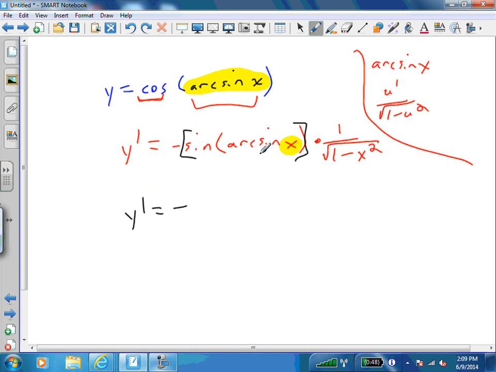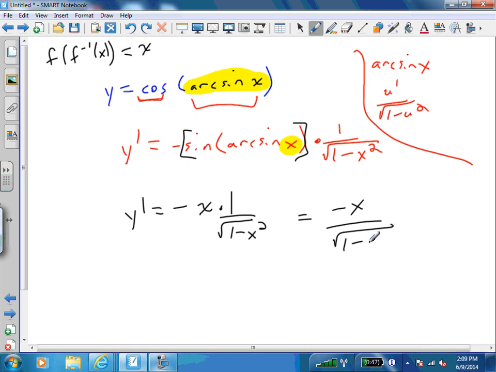When we do that composition, the composition of inverses, think back to 112, the composition of inverses is that. Or we could call that negative x over the square root.